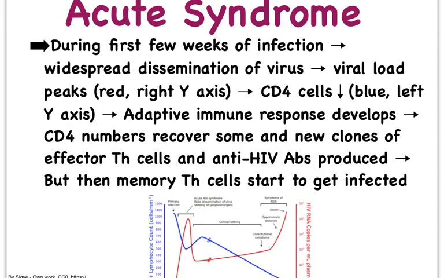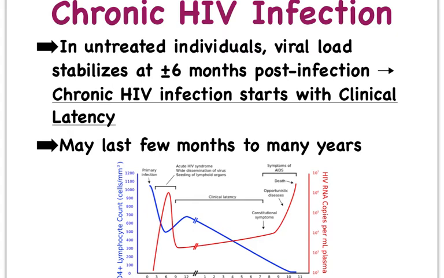There will come a time, however, that the viruses infect more and more TH cells, to the point that they are also going to get to the TH cells that are memory TH cells. And so then the struggle is going to intensify. What's interesting, though, is that in individuals that are not treated, we're going to see that the number of viruses is actually going to stabilize around 6 months.